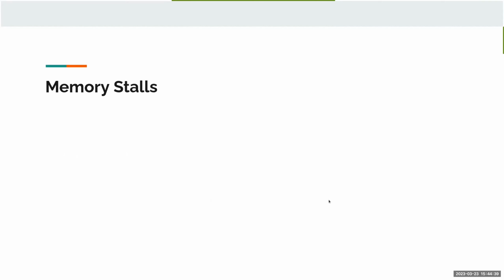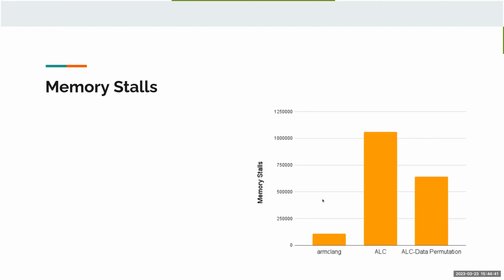Doing so, we get these results on memory stalls. Now we see that the memory stalls are reduced by almost 40%, and still there are many more stalls compared to ARMClang. This is because we are still using scatter store instructions, which are quite the same thing: they are storing to non-consecutive memory addresses.